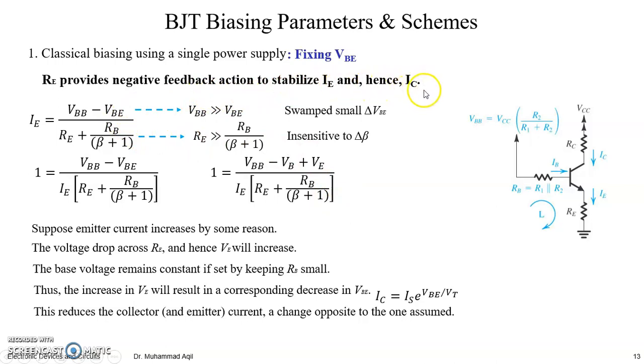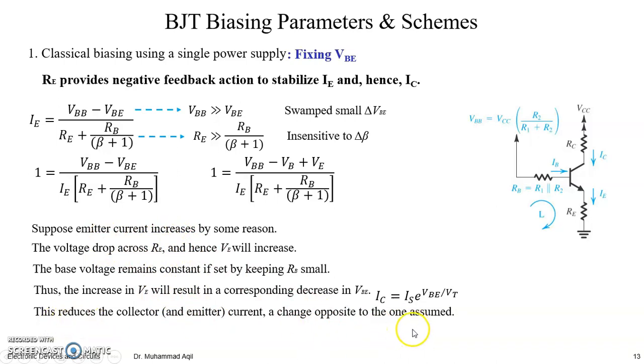So for the common emitter configuration or other configurations, if we take RE in the loop, we have designed our transistor with an RE resistance and we are having a stable biasing, because RE provides a negative feedback action to stabilize IE. Negative means if IE increases, all these steps will make it reduce, right?